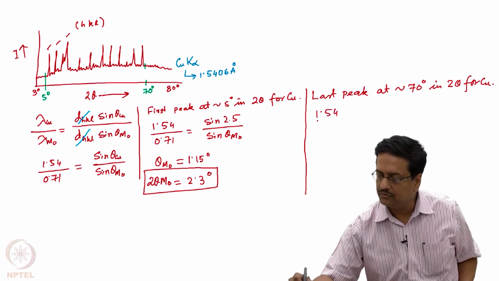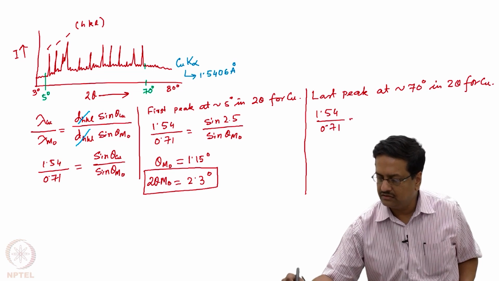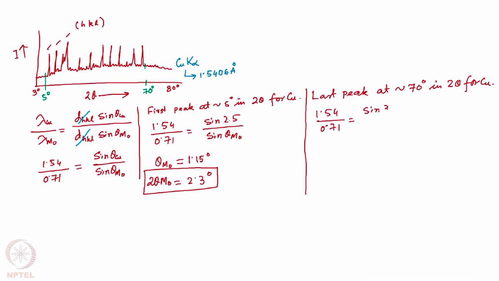So 1.54 divided by 0.71 equal to sin 35 by sin theta Mo, and if we solve for theta Mo, we would get theta Mo as equal to 15.33 degree, that is, 2 theta Mo as 30.66 degree.